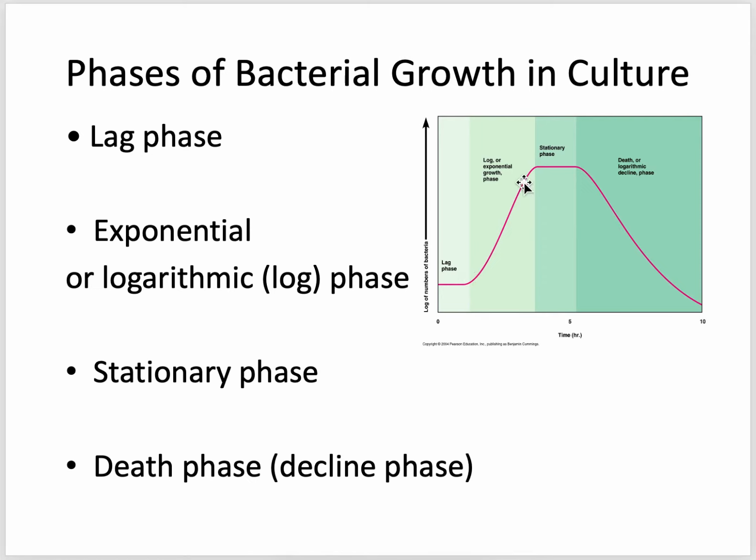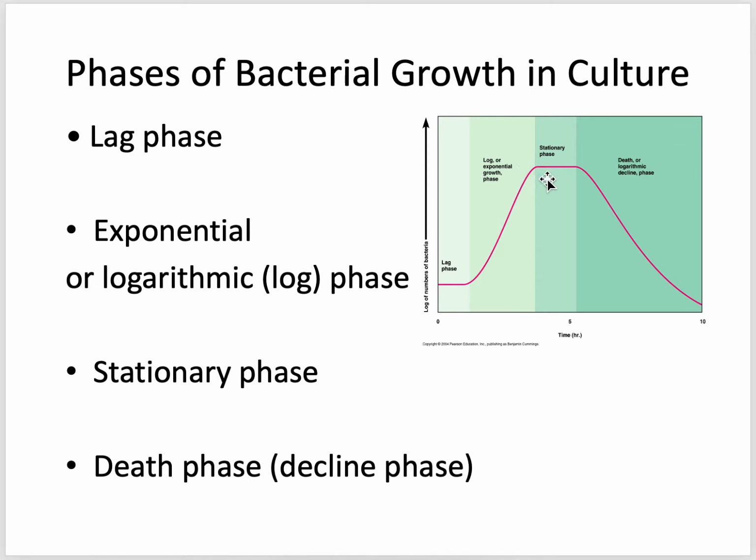This phase will not continue for infinite time. Eventually there will be a point when this growth will stop, and again you will find a line parallel to the timeline. That means there will be no increase in the number of bacterial cells.